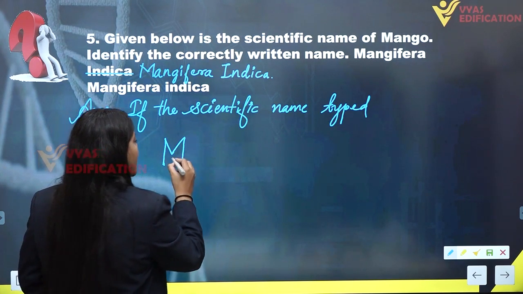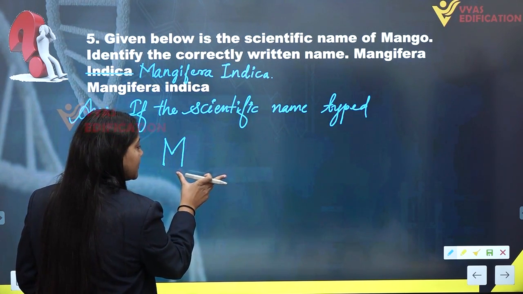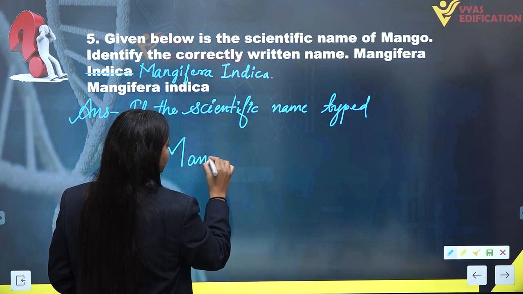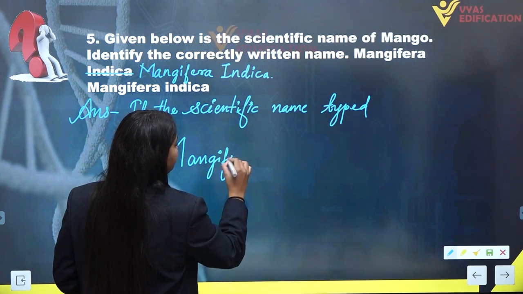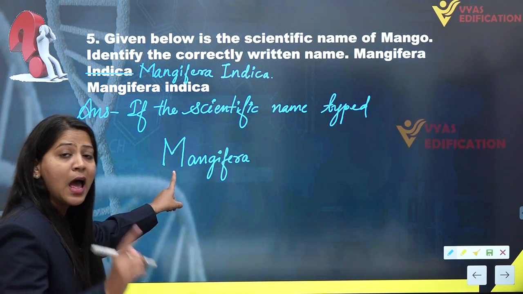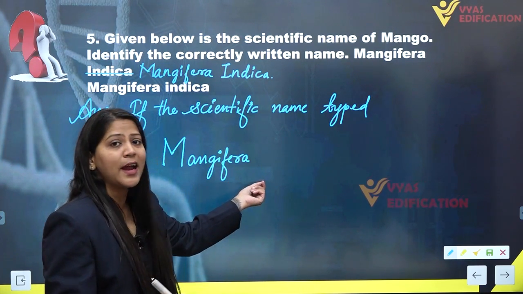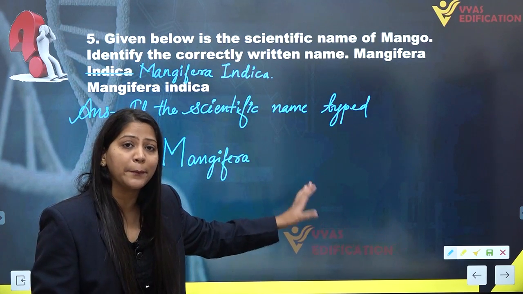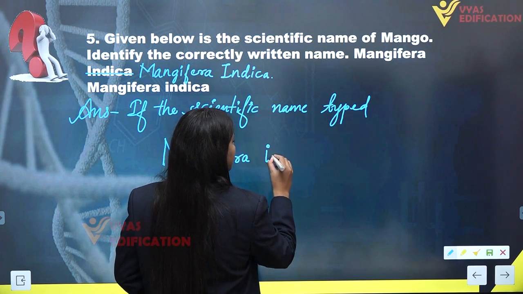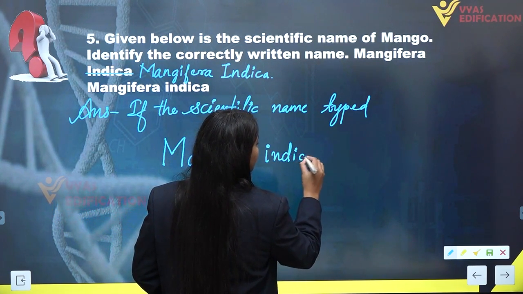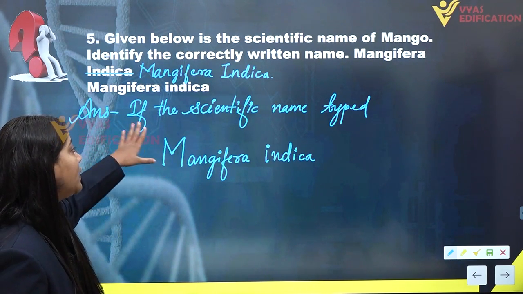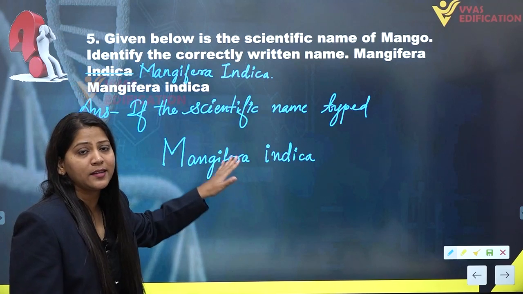This is correct. The first letter of the genus should be capital, so we write Mangifera. And according to the rule, the first letter of the species or specific epithet should be in small. So I am writing indica separately, which is the species or specific epithet of a mango. This is the rule when the scientific name of any living organism is typed.